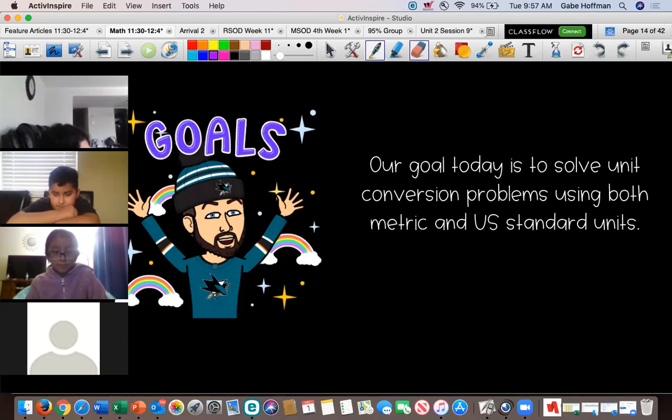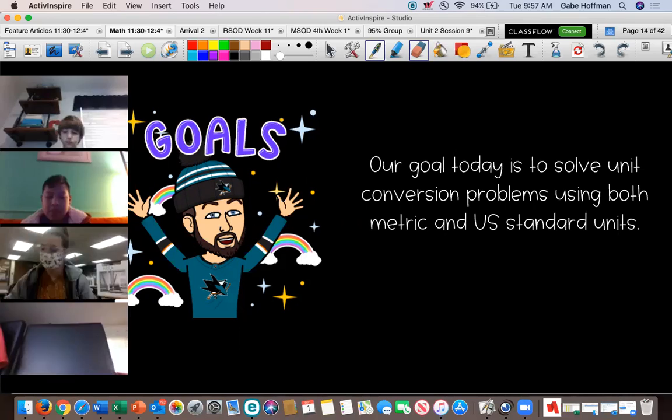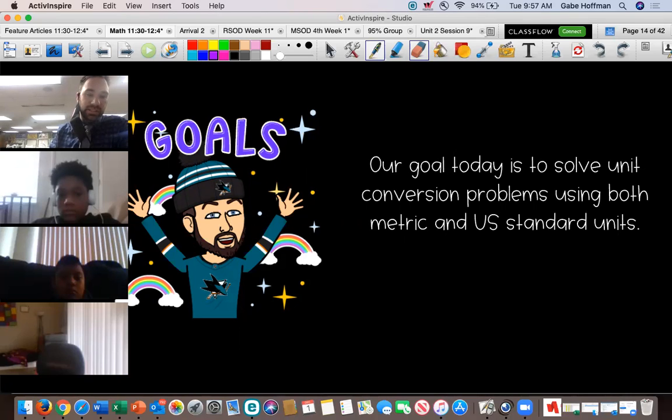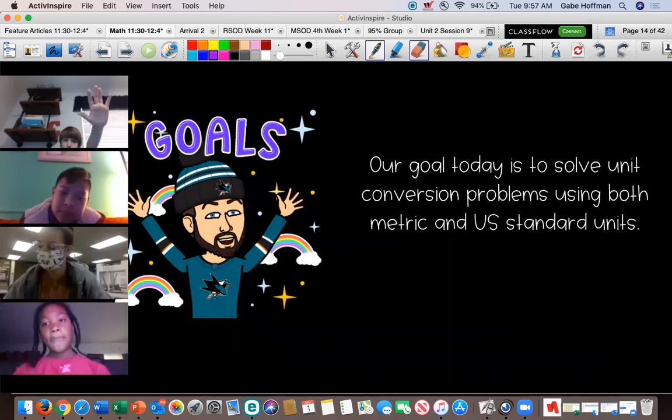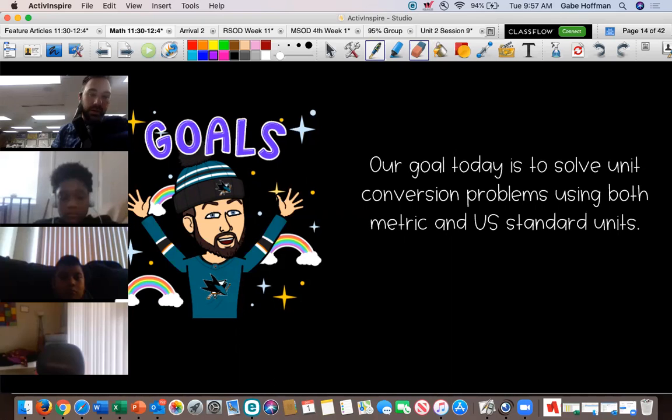Do you guys remember, who can tell me what is the US standard units for length? We talked about them yesterday, the ones we use in the United States. Do you guys remember? Somebody besides those people I've already heard from today. I'll give you a clue. One is inches. Clay, what else do we use besides inches in the United States?